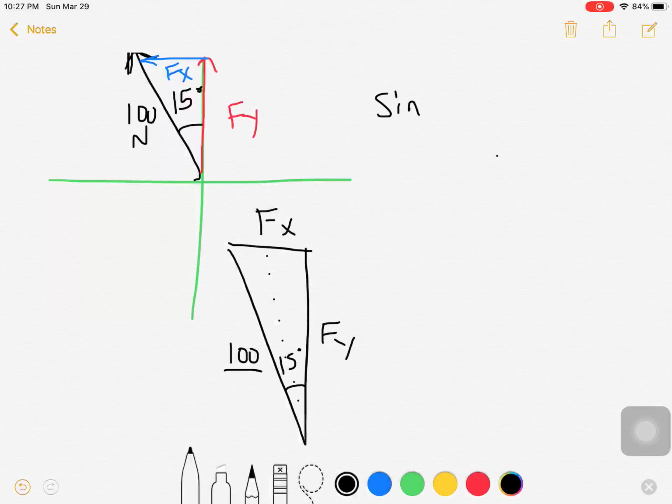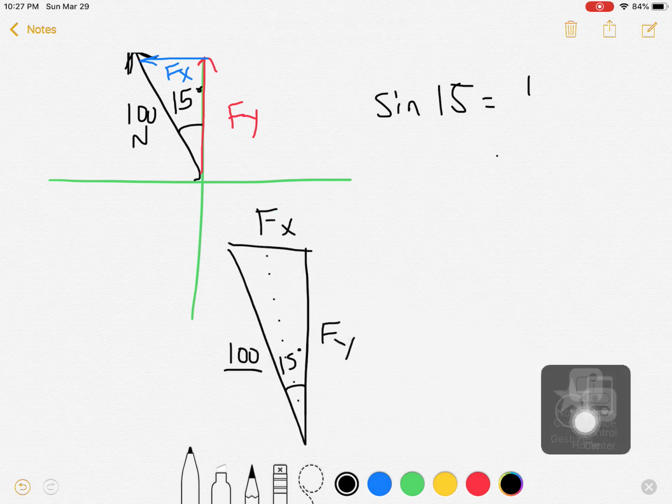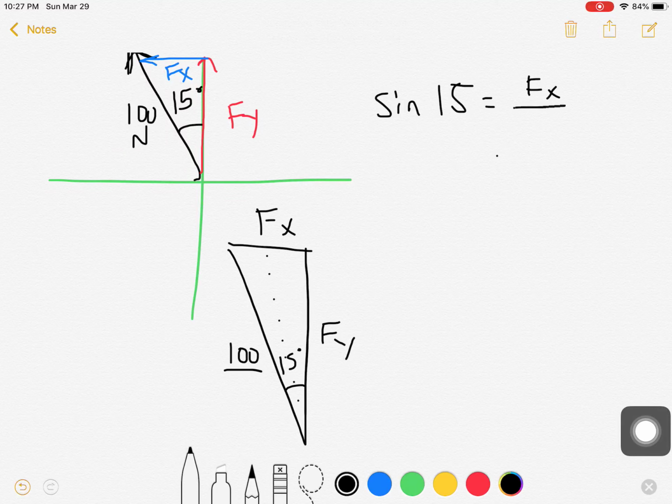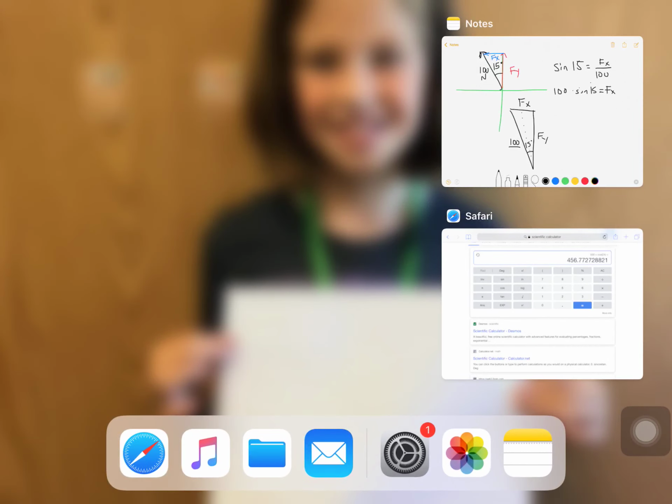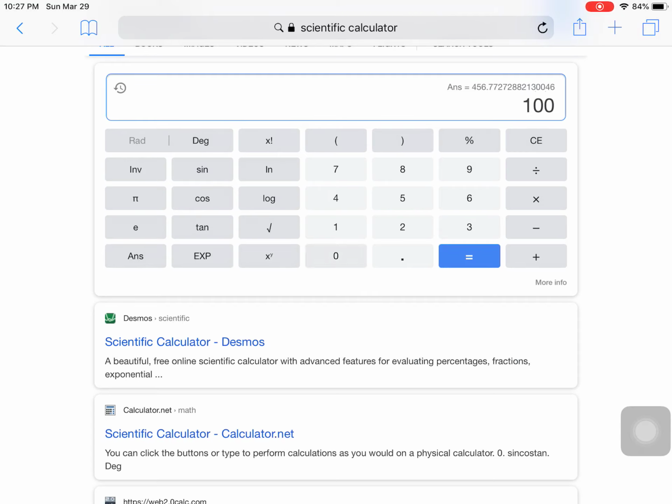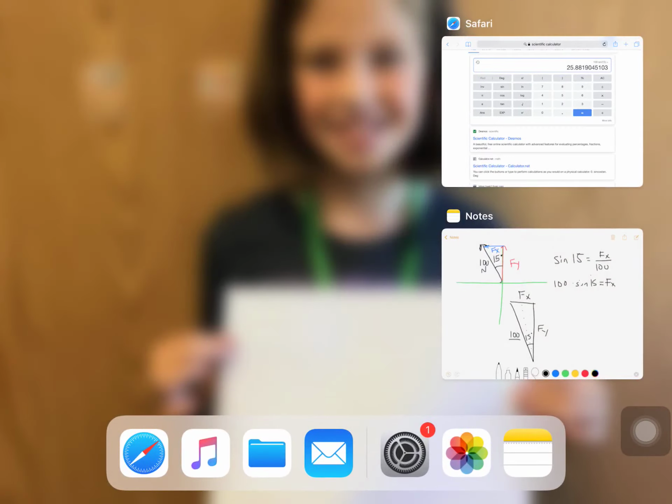So we'll say the sine of 15 degrees is Fx over 100. And so 100 times the sine of 15 degrees is Fx. We'll go ahead, let's do that. So call it 26.